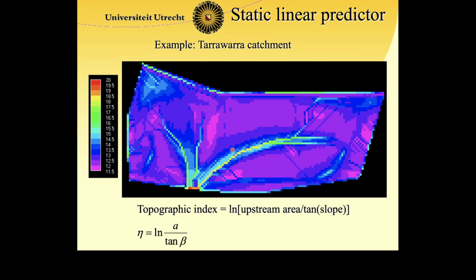For those who did follow the course on land surface hydrology, they must have heard about TOPMODEL, one of the most well-known models in catchment hydrology, which relates the total accumulated flow to what is called the topographic index. The topographic index is the logarithm of the upstream area divided by the tangent of the slope for every cell.